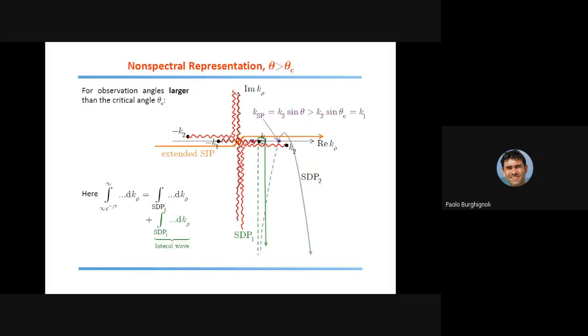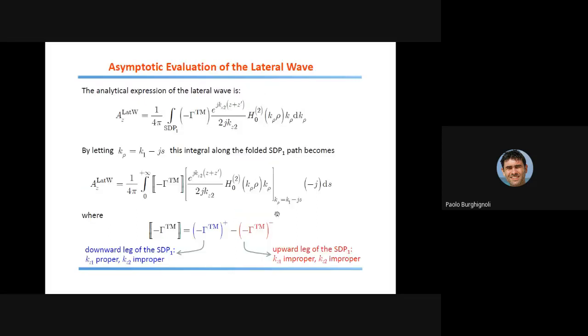That's because we are going all the way down vertically from k1 down to minus imaginary infinity. So we can integrate with respect to this new variable s. However, we need to take into account that the integration path is folded.